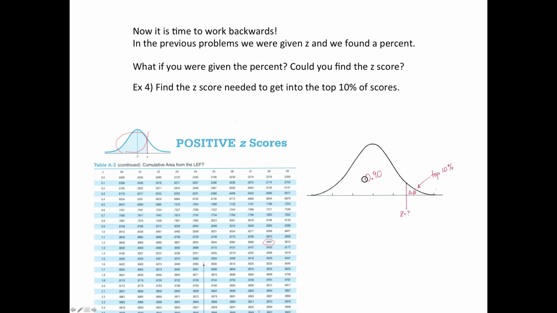Usually what I do is cross this out and say I used 0.8997. Then you use the table backwards. You go this direction and you find that the z equals 1.2. You go this direction and the last decimal place is an 8. So the z that belongs right here is 1.28.